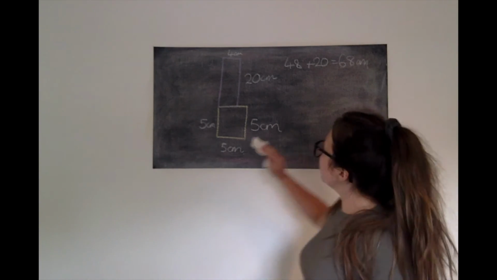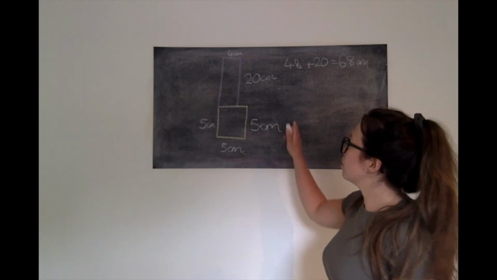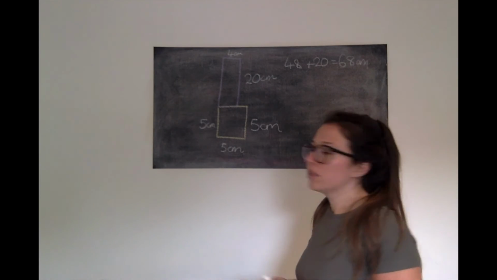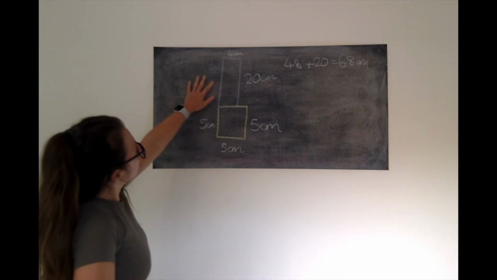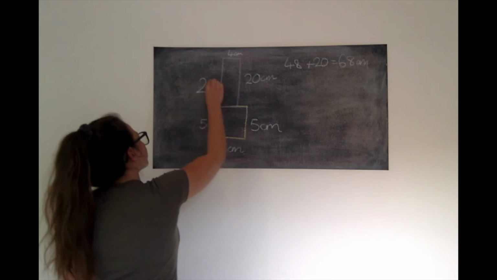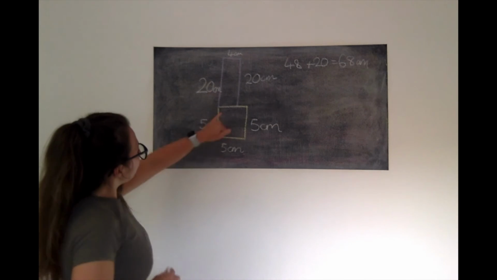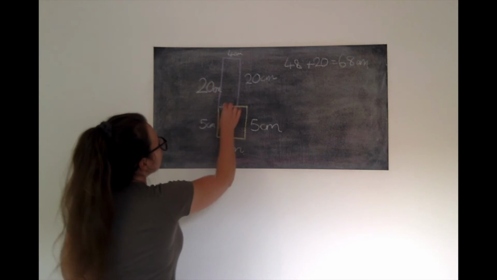So, if we look and do like we did before and label all of the sides of the outside of our shape that we know. So, this is labelled, this is labelled, this is labelled. This side here, we know because it's still a rectangle, is 20 centimetres. Now, these two sides in here, they are now the middle of my shape.